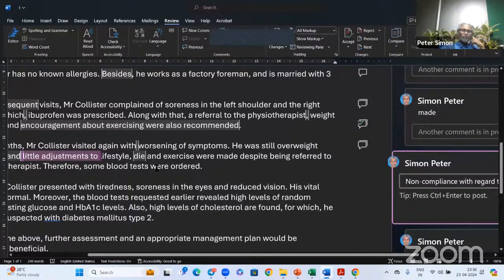You can write like that. Non-compliance with regard to lifestyle modifications, dietary regimen, and exercise program.